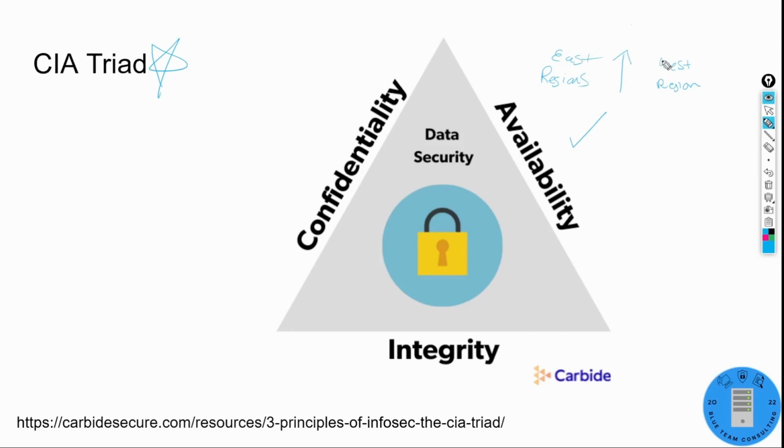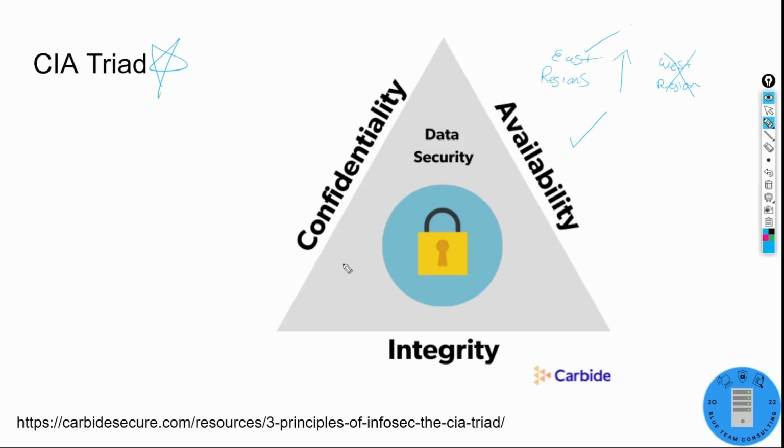Let's say there was a power outage or an earthquake and your West Coast region data went out. If you had an exact copy of your data stored on a different server farm on the East Coast, well, you've just increased your availability of your data. Everyone can still access your resources, and it's generally more available. That's just one example of maintaining your data to be available.